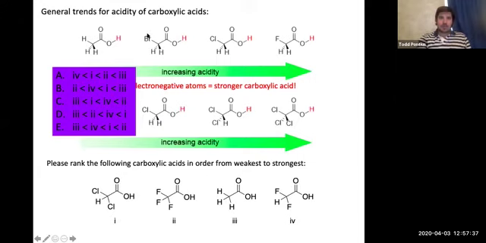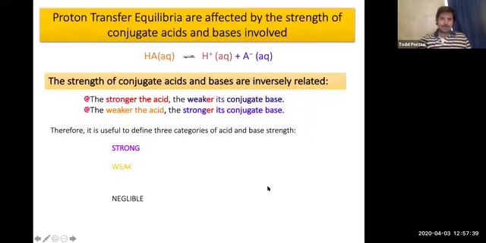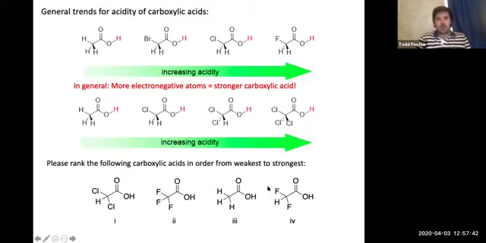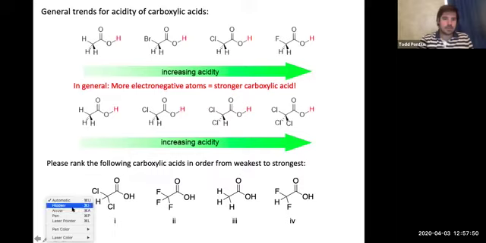And again, that rule of thumb that we can use, the more electronegative atoms you have, the stronger the acid is going to be. And so if we look at these possibilities, the weakest one only has hydrogens other than the carboxylic acid functional group here.